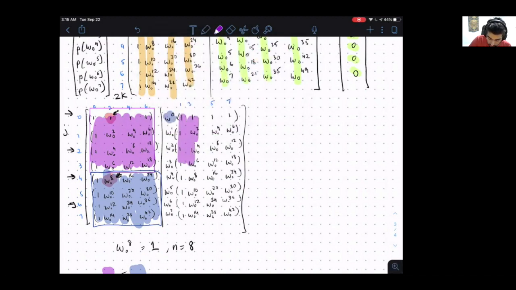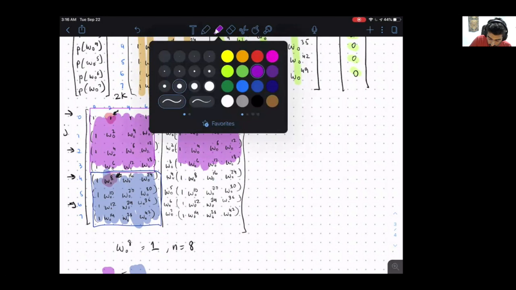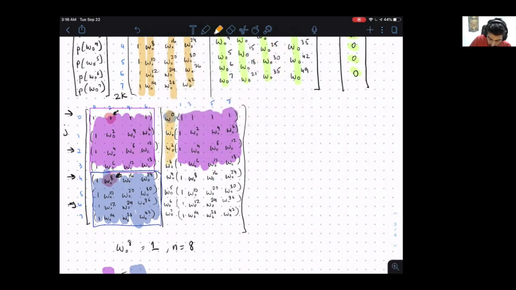So this is the exact same as what we had on the left side here. This is a constant term that we're multiplying, but this and this are the same.